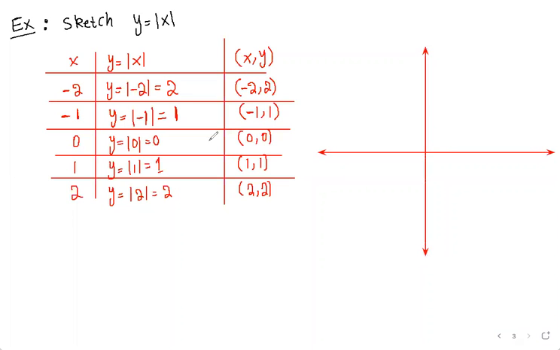So the first point is 0, 0. So this is 0, 0, the origin. Let me change the colors to more bold. Here, the point 0, 0. Now minus 1 and 1. So this is my minus 1 here, and 1 to be here.